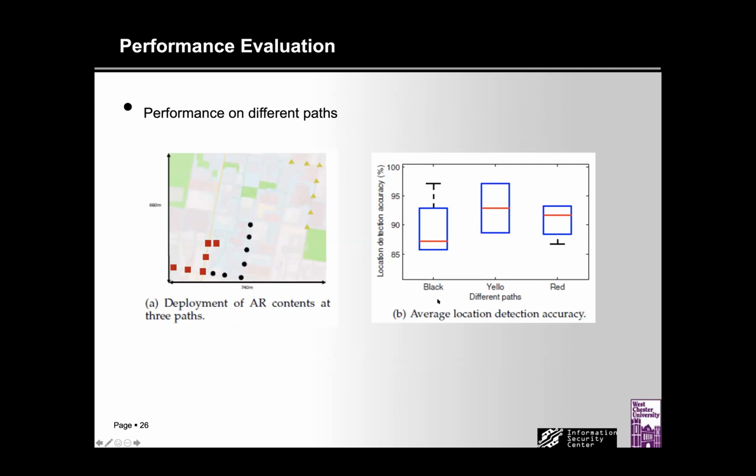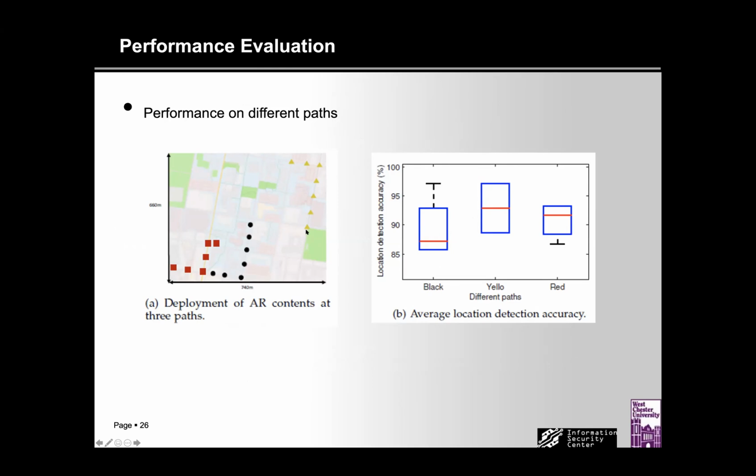We also evaluate our system to figure out the performance on different paths, to see whether users walking on different paths could potentially impact our attack algorithm. You can see that the volunteers were asked to walk on 3 different paths. One is the color in this red rectangle, and the other is this black dot, and then this yellow triangle.